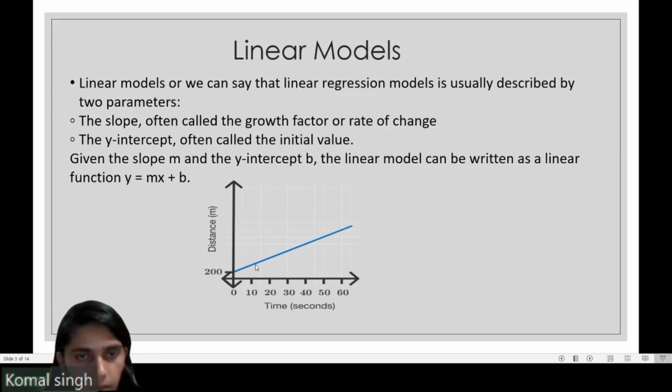Assume this is the slope line for a car moving. Now we have to find the position of the car in this diagram.